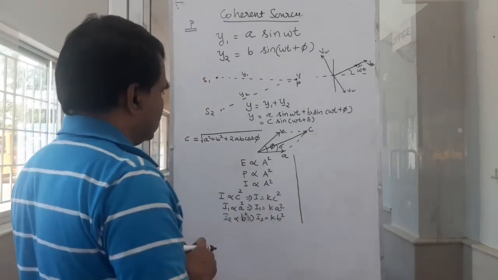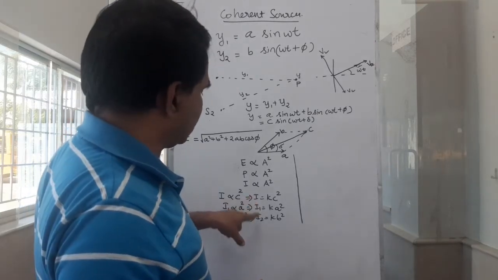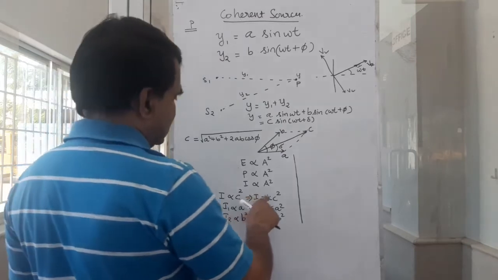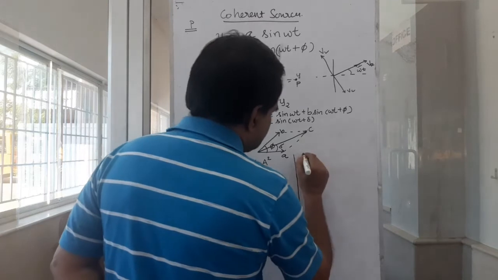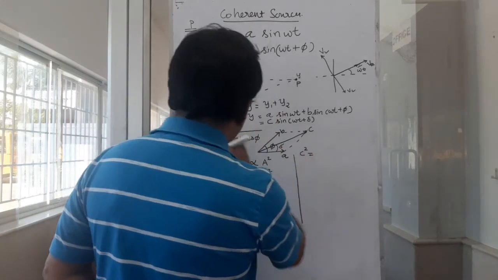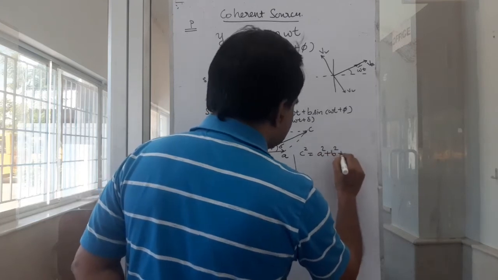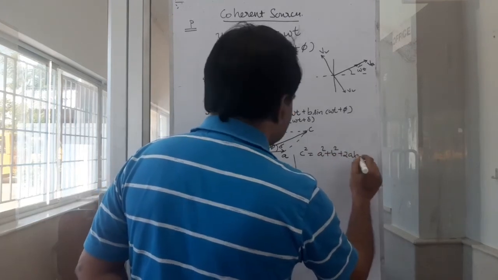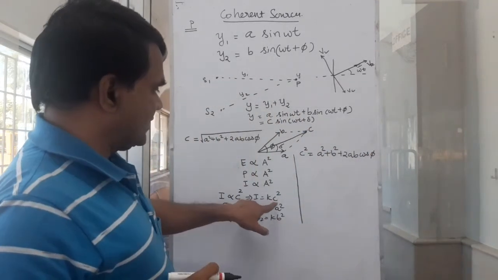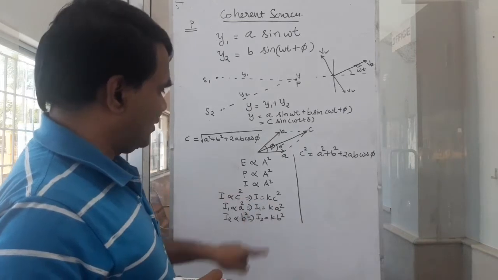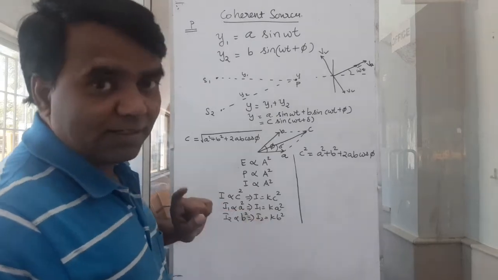So if you can make use of this expression, let's try to express I in terms of I1 and I2. So I is equal to KC squared. So let me square this, C squared. So C squared is equal to A squared plus B squared plus 2AB cos phi. But what is C squared? It's I by k. What is A squared? I1 by k. B squared is I2 by k.